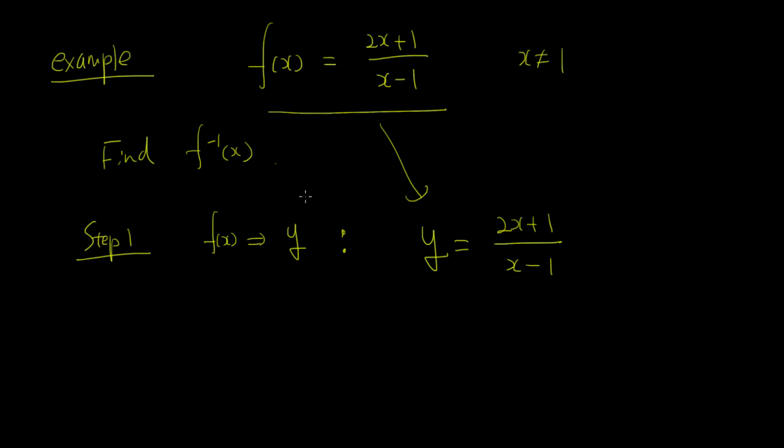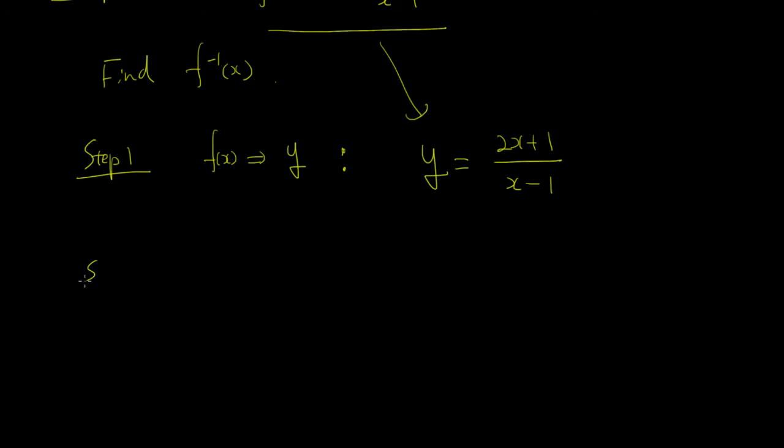Okay. Now, what's step 2? Step 2 is switch x and y. Remember that, right? Switch x and y. So this becomes x equals 2y plus 1 over y minus 1. Okay.